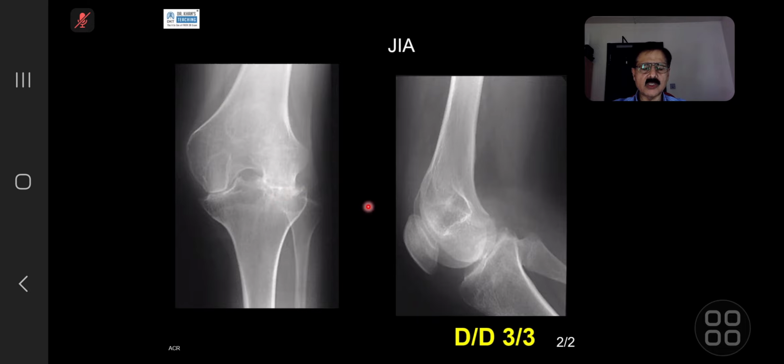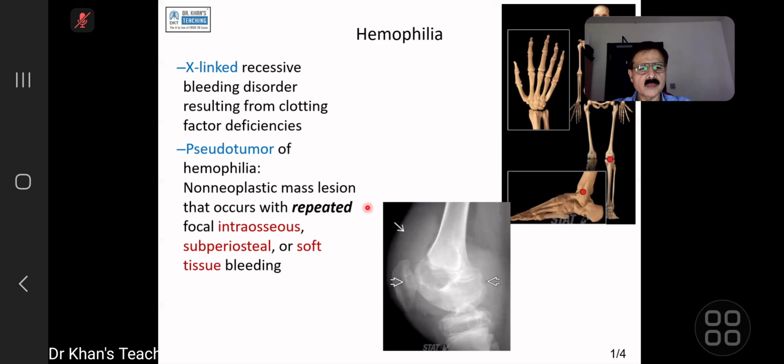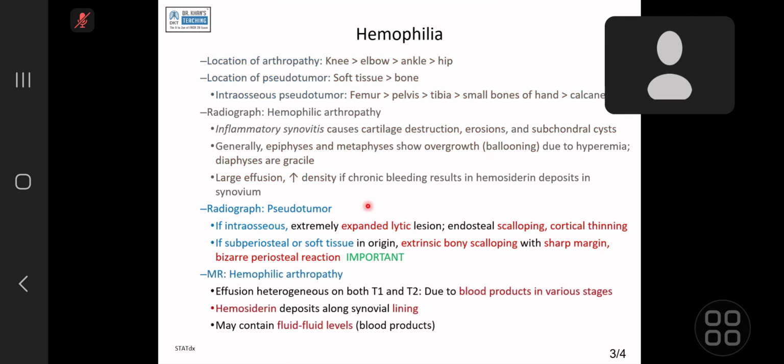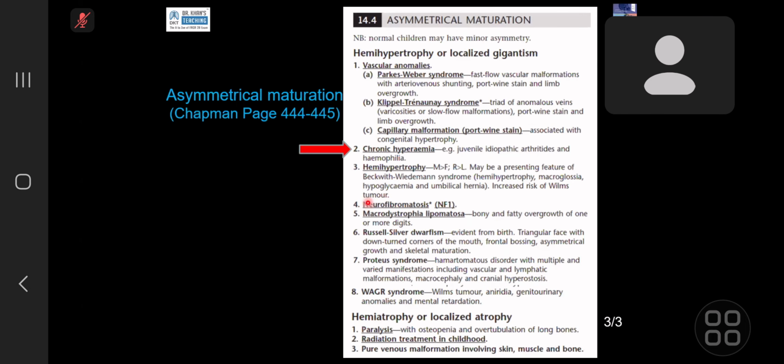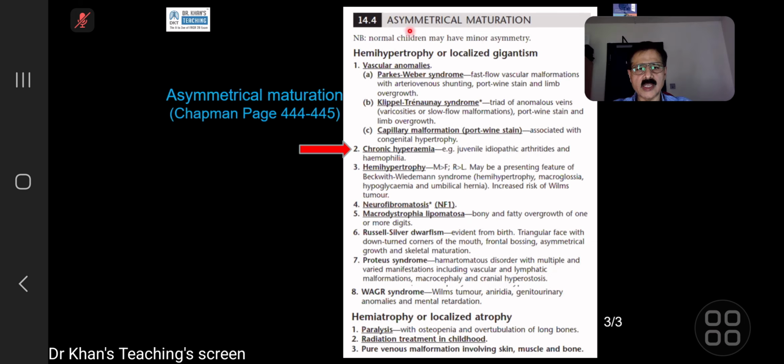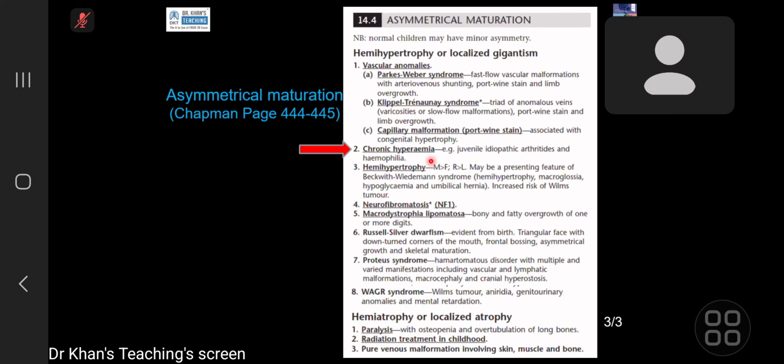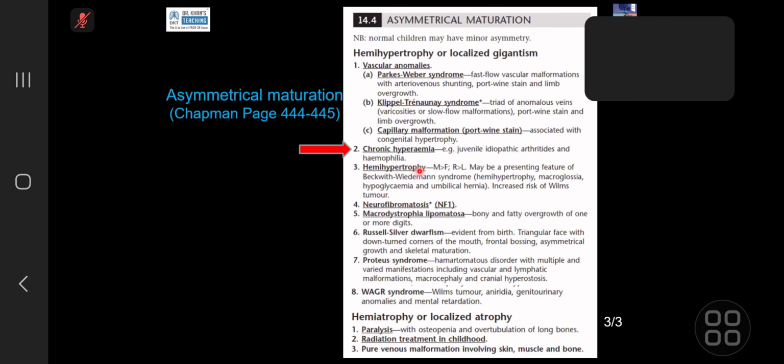The pathophysiology is hyperemia. In JIA, this is because of inflammation. In hemophilia, it is because of recurrent bleeds in the articular cavity. Look at three differentials from your books: asymmetrical maturation, chronic hyperemia, and it includes juvenile idiopathic arthritis and hemophilia.